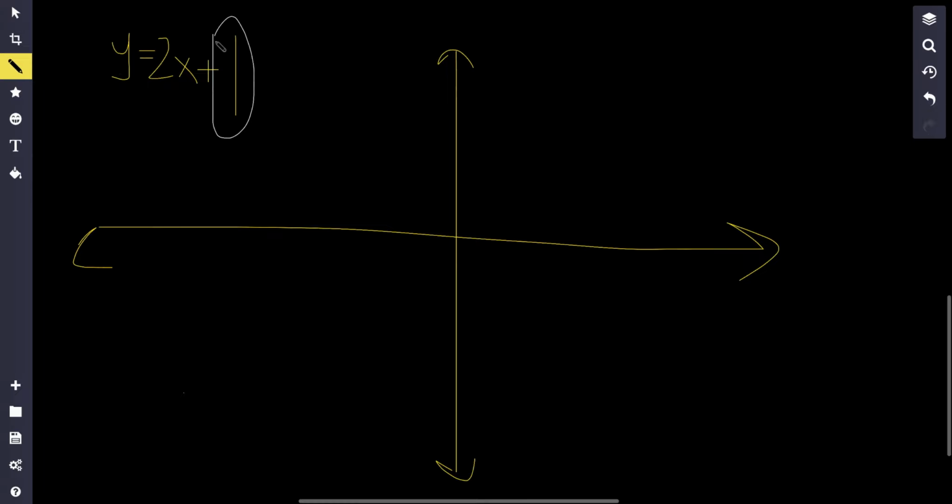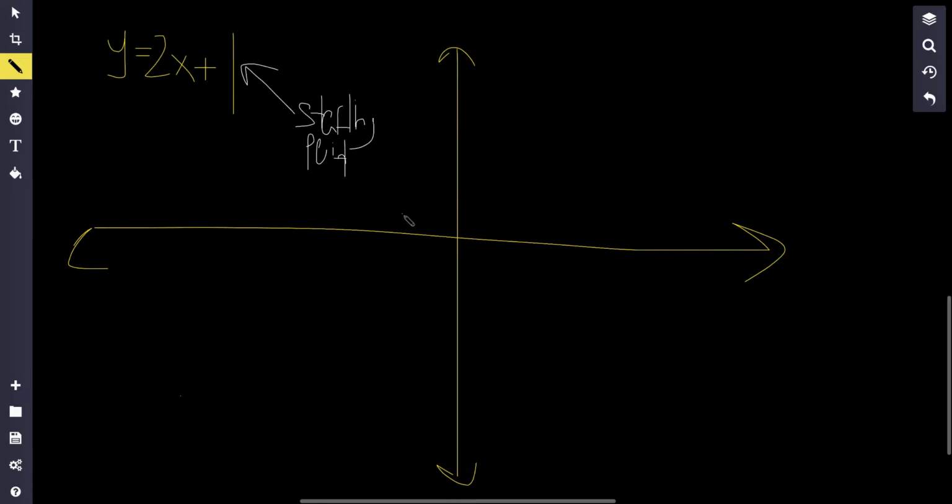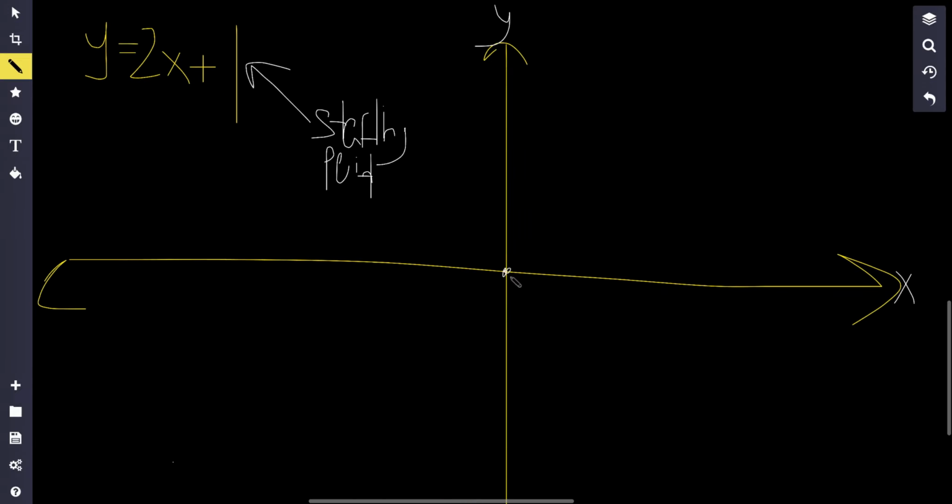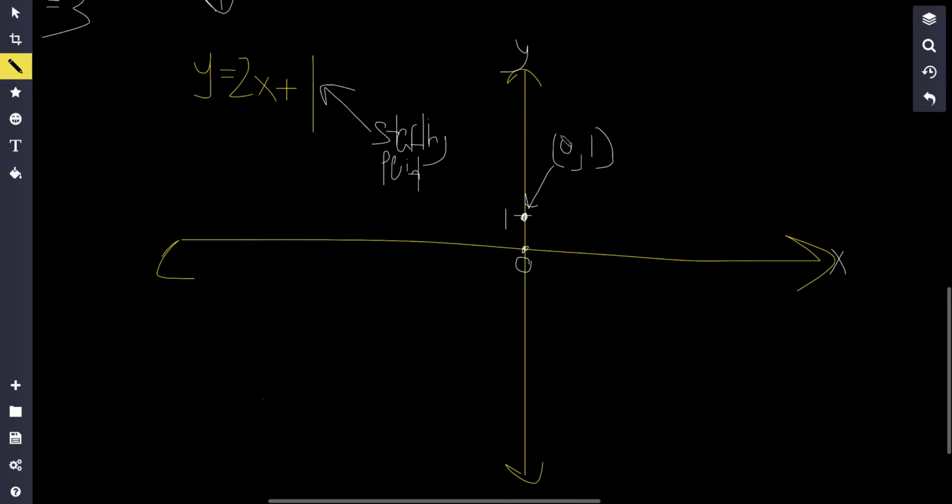This term at the end represents our starting point. So essentially, when the x value is equal to 0, our y value is equal to 1. Notice how when you put in 0 for x, you get out 1 for y.